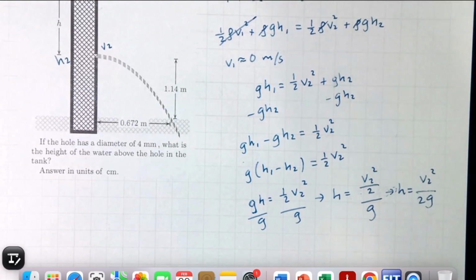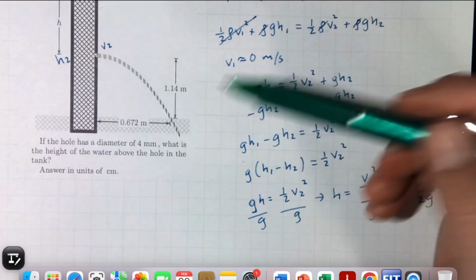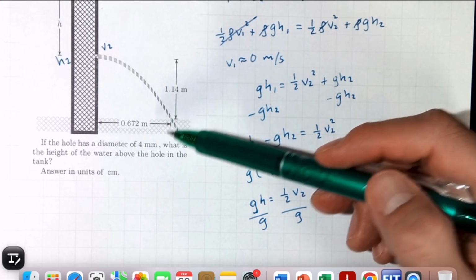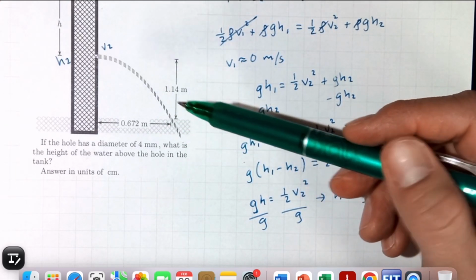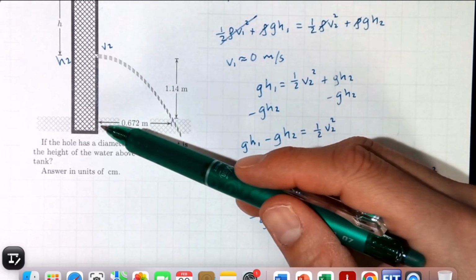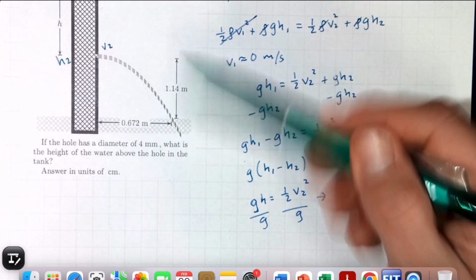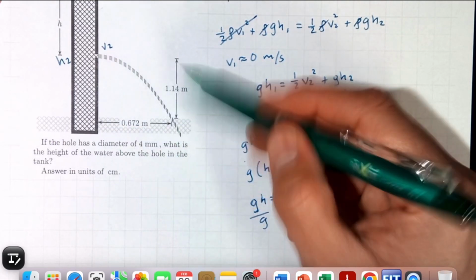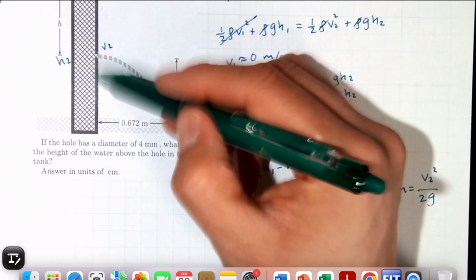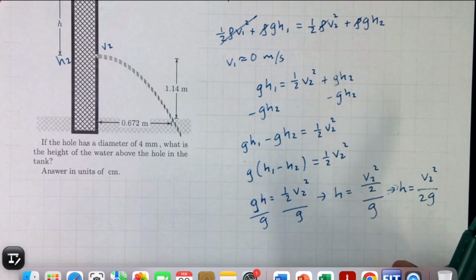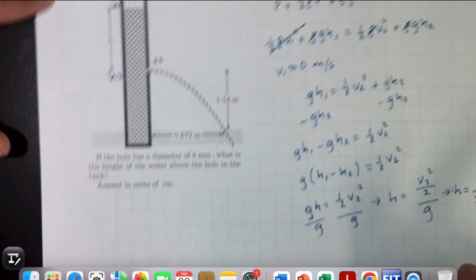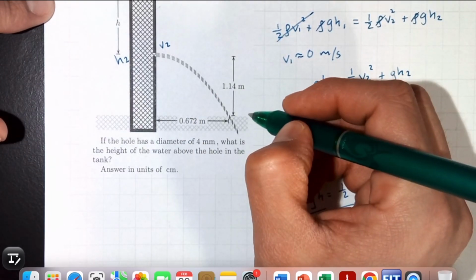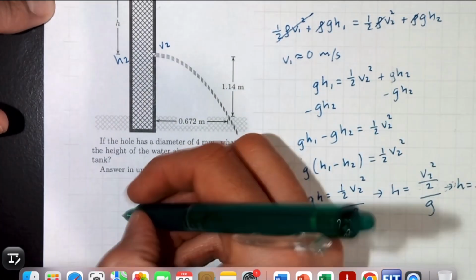So now I'm going to use green. For this water, we can model this as just projectile motion, two-dimensional motion. And let's remember that the motion along the x and the motion along the y are independent from each other. So I can use equations along the x and equations along the y to find this velocity. Let's start with the x. For the x, I know delta x, as I show on my given.